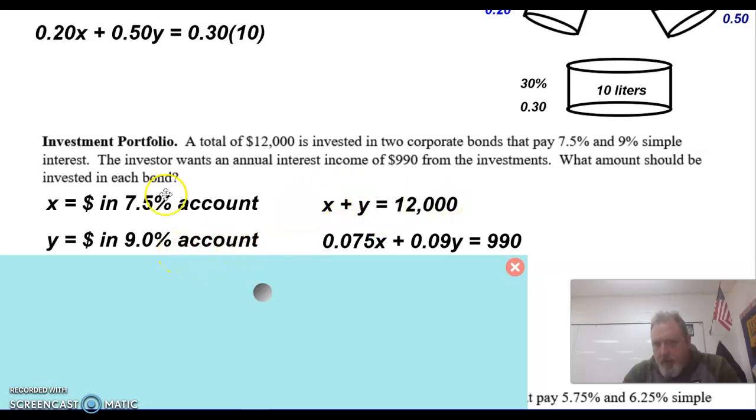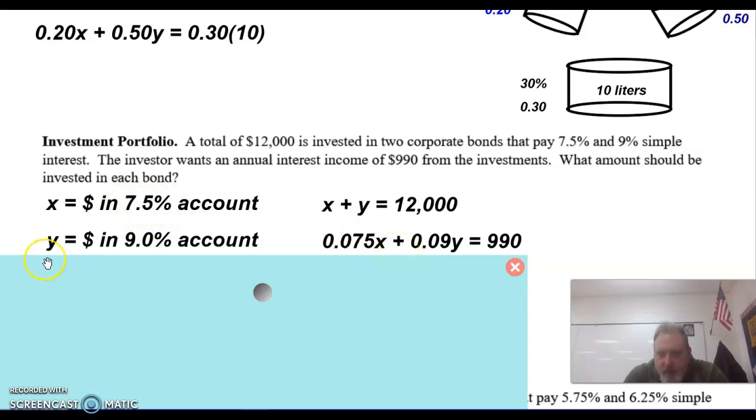We know the total investment, the total sum between the two accounts, is $12,000. And now we use the interest rate. So the interest rate of X and the interest rate of Y equals the interest we're trying to earn, which is $990. Don't forget to change your interest to a decimal.